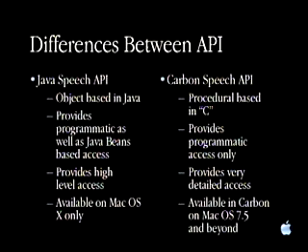Java Speech APIs are a higher level. The Carbon C API provides very, very low level, every single possible thing you'd ever want to do with speech synthesis or speech recognition. The Java Speech APIs are only available on macOS X. The native APIs are available on Carbon 7.5 and beyond.